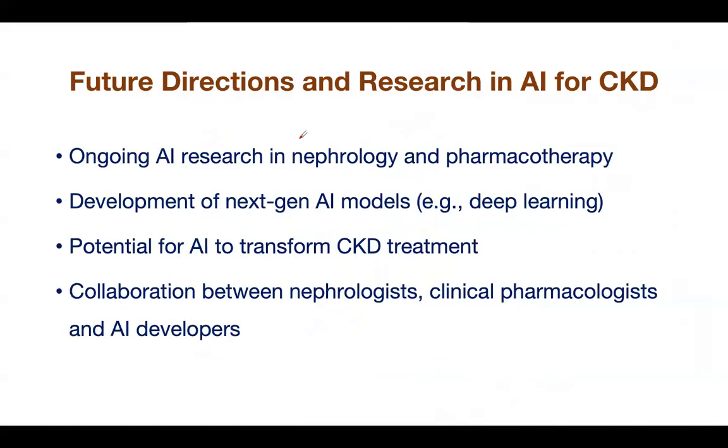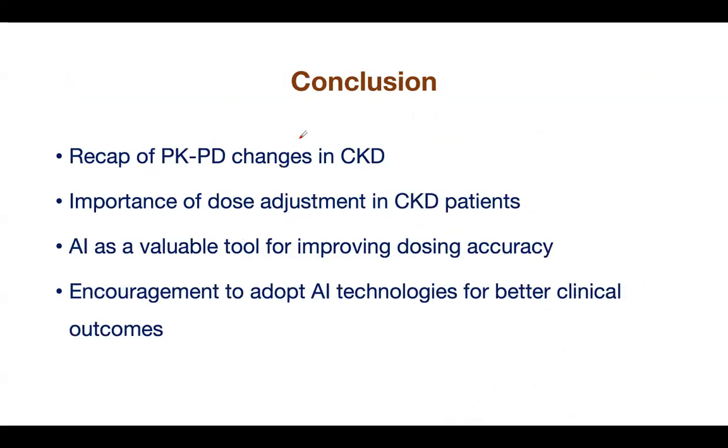So when we talk about future direction and research in AI, we need to conduct ongoing artificial intelligence research in nephrology and pharmacotherapy. We need to develop certain deep learning, next-gen AI models, and we need to appreciate that there is a high potential for artificial intelligence to transform chronic kidney disease management. But for that, we need proper collaboration between nephrologists, clinical pharmacologists, and artificial intelligence developers.